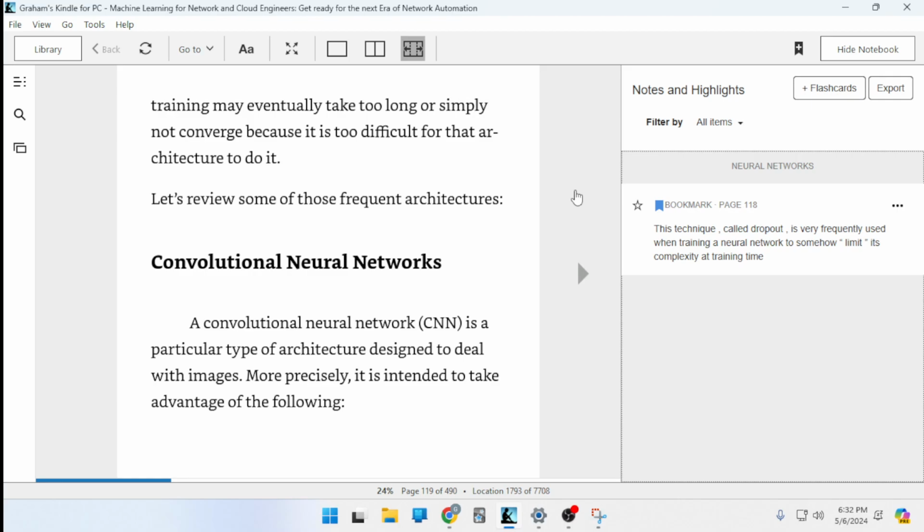So the first architecture is convolutional neural networks. A convolutional neural network, CNN, is a particular type of architecture designed to deal with images. More precisely, it is intended to take advantage of the following.